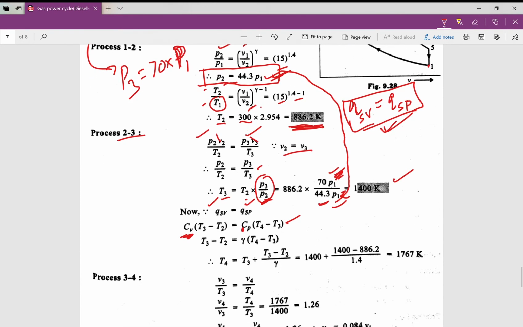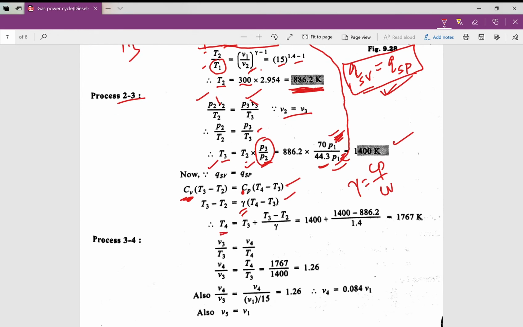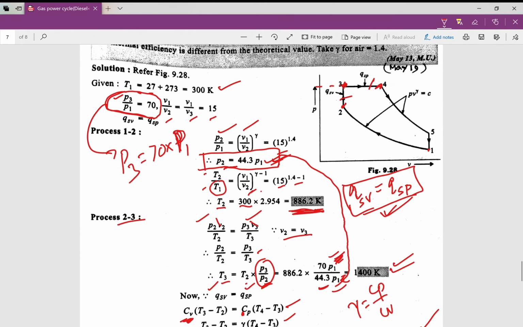As you know, dear students, gamma is equal to Cp upon Cv. So Cp upon Cv comes as gamma, and you can write like this. So we can calculate T4 now. T3 is already calculated. In this way we get the value of T4. So dear students, we have reached point number 4, and all the properties up to point 4 we have got.